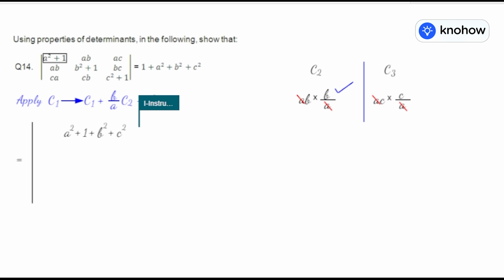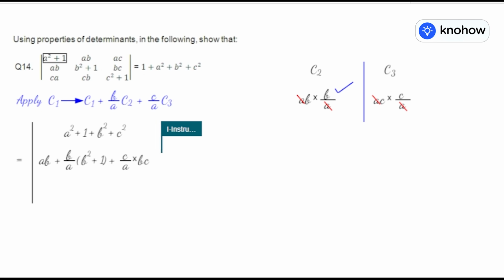Now let's add the second element. Here you already have ab. So let me first write plus b by a times the C2 element, that is b square plus 1, and plus c by a times bc. Let me first write it as such.